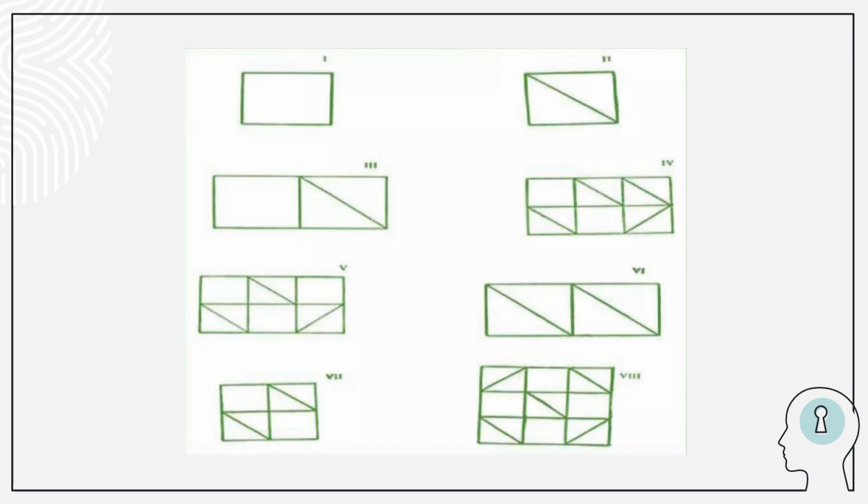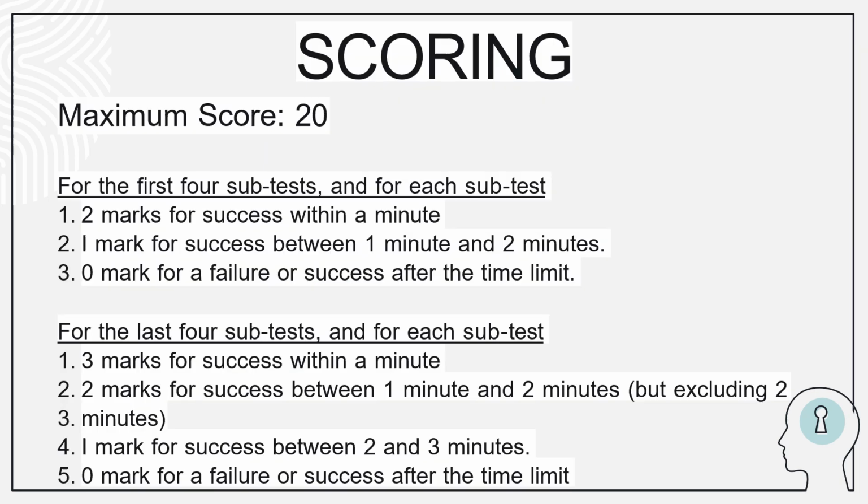So these are the drawings that you tell the patient to draw, and no line has to be repeated. So no overwriting over the line is to be done, and you are not supposed to lift up the pencil. So if the patient fails to do it twice, you move on to the next one. Scoring, maximum score is 20.